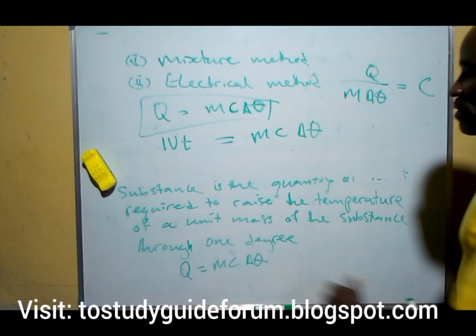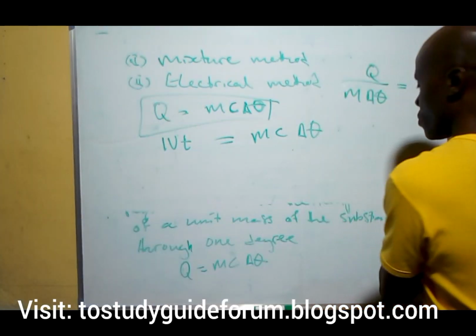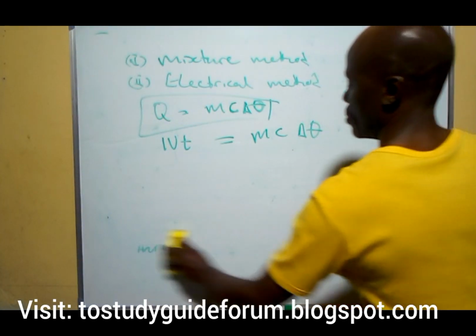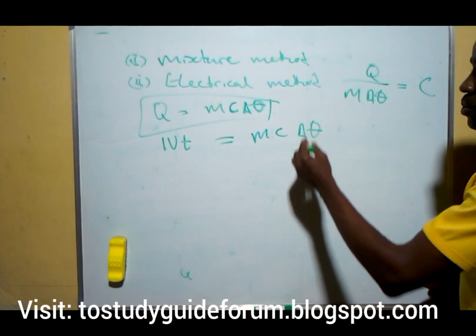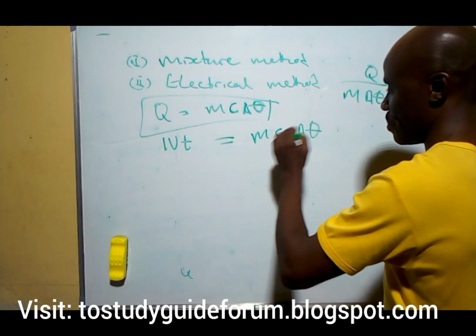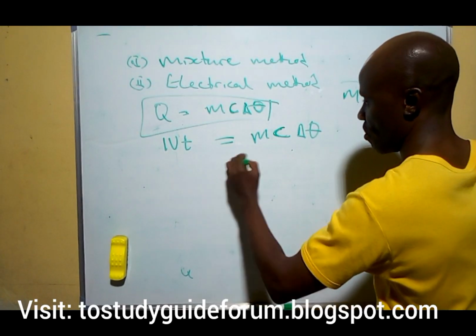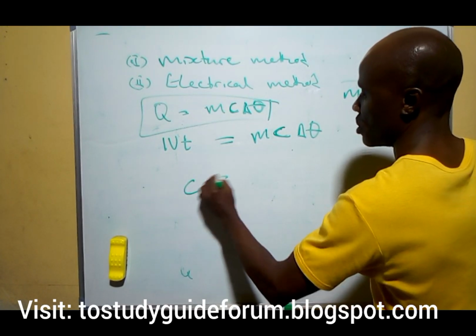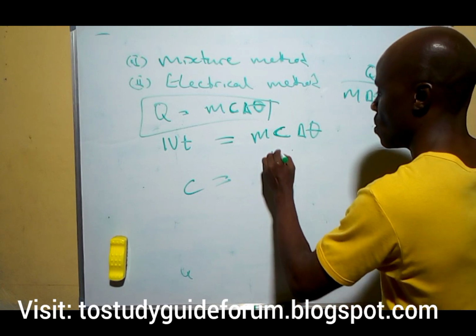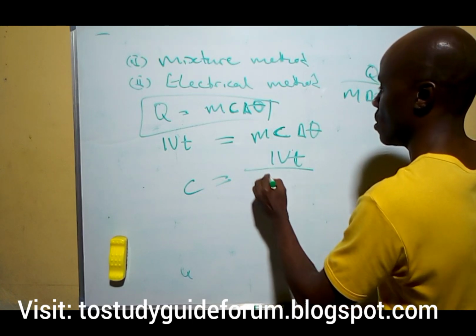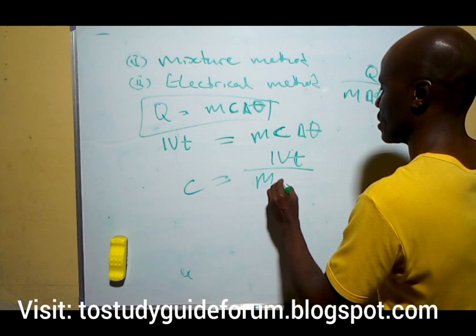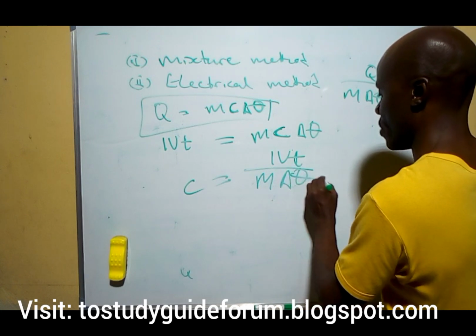So if you have this information already given to you, we can also use it to calculate the specific heat capacity by making C the subject of the formula. We will have C equal to energy over mass and change in temperature.